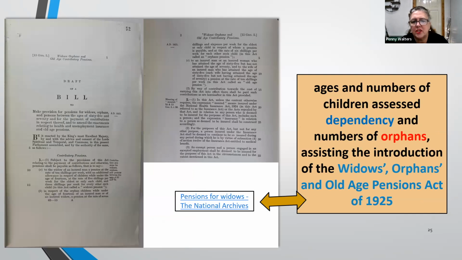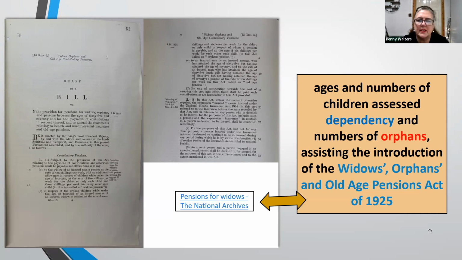In the question, which was cheerfully asking you, are your mum and dad dead or alive? I just don't know where they get these questions from, but as genealogists, this is useful now. At the time, it would have been traumatizing. Anyway, the statistics that they got when they asked children, are your parents alive or dead, then wafted into the Widows, Orphans and Old Age Pensions Act of 1925.